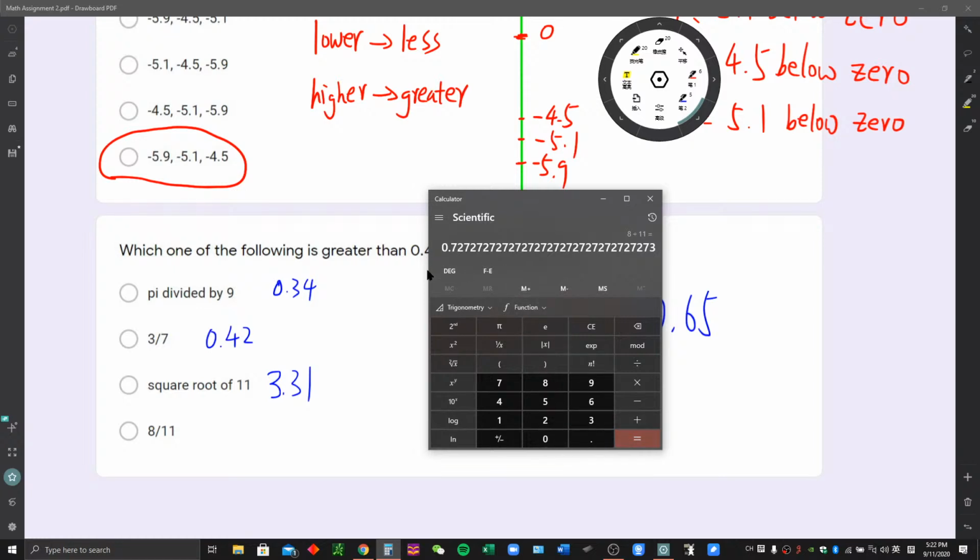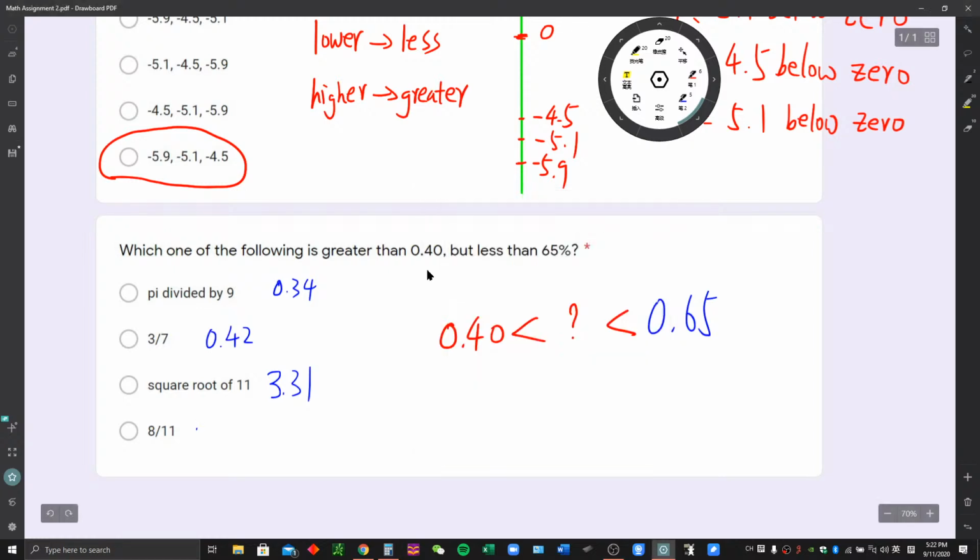Actually, the 72, as you can see, is repeating. So it's 0.72, 72, 72. Normally we will just use a bar on top to indicate that the 72 is repeating. Today we'll just use 0.72. That's good enough.